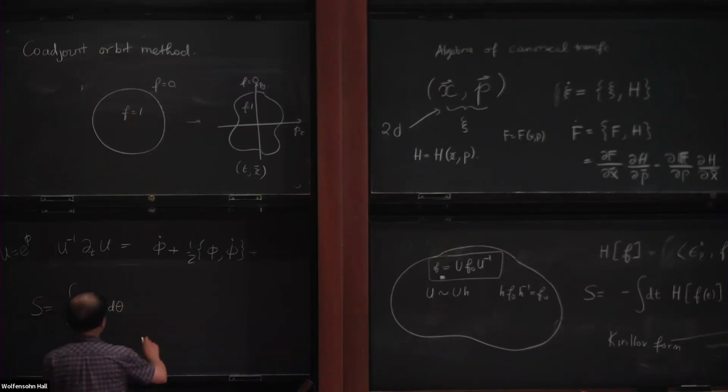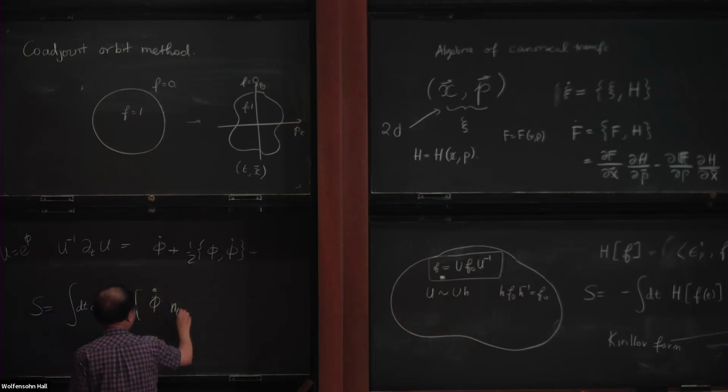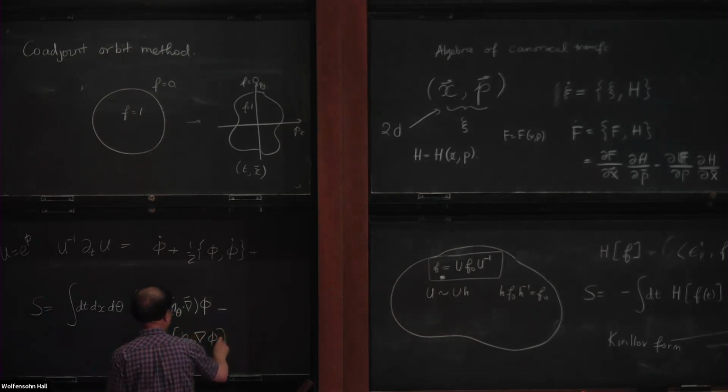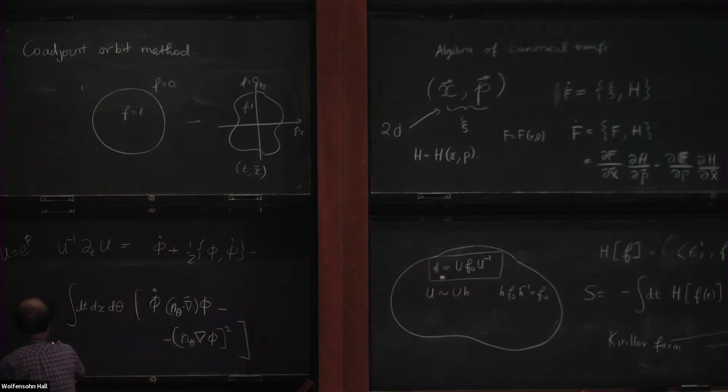The action looks something like phi dot n of theta dot grad phi, minus (n of theta dot grad phi) squared. Here are the bosons. The action depends on the derivative of the boson along the direction of the momentum.